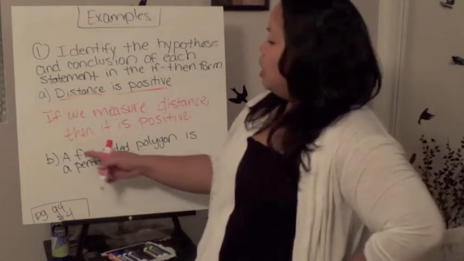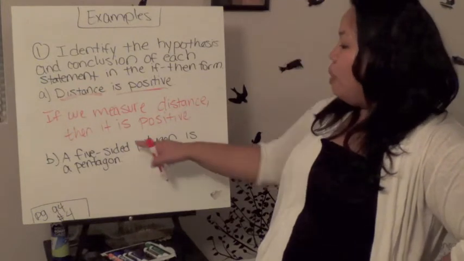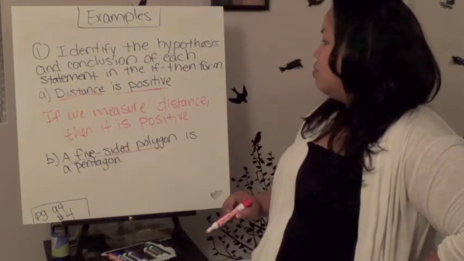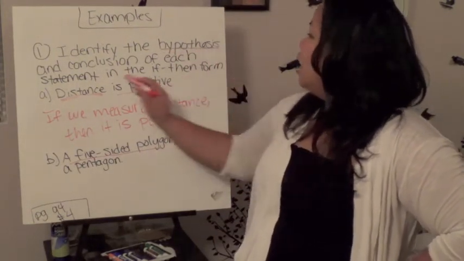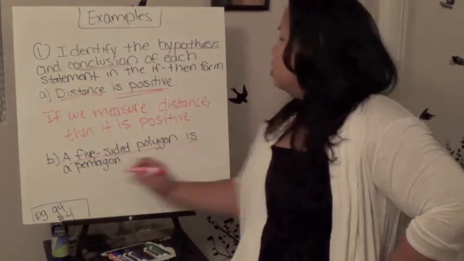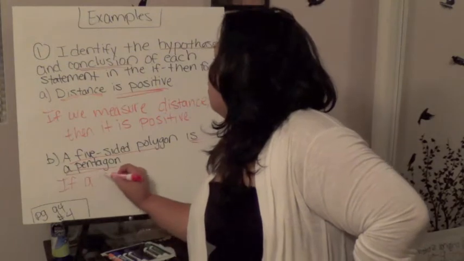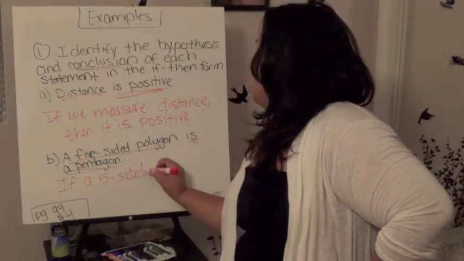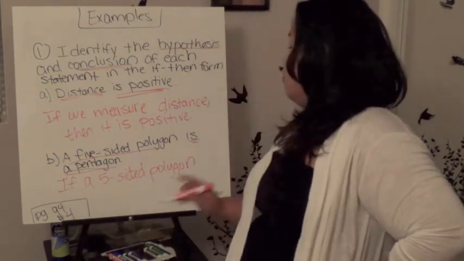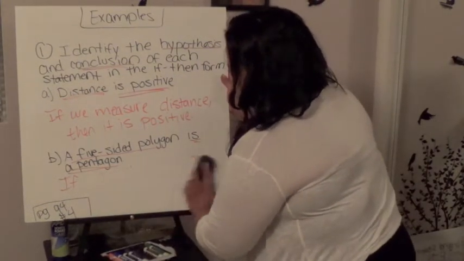The last one is a five-sided polygon is a pentagon. So if the polygon is five-sided, then it is a pentagon. Let's say that we're going to do our hypothesis one line and our conclusion with two. So this is our hypothesis, this is our conclusion. So if a polygon is five-sided, my apologies, we have to make it make sense.